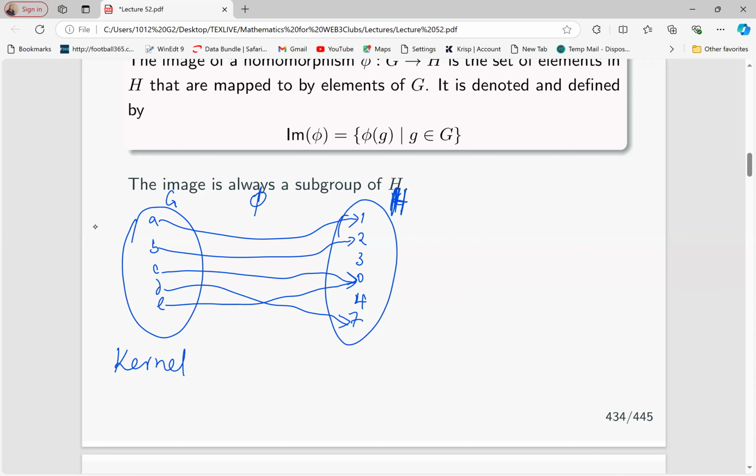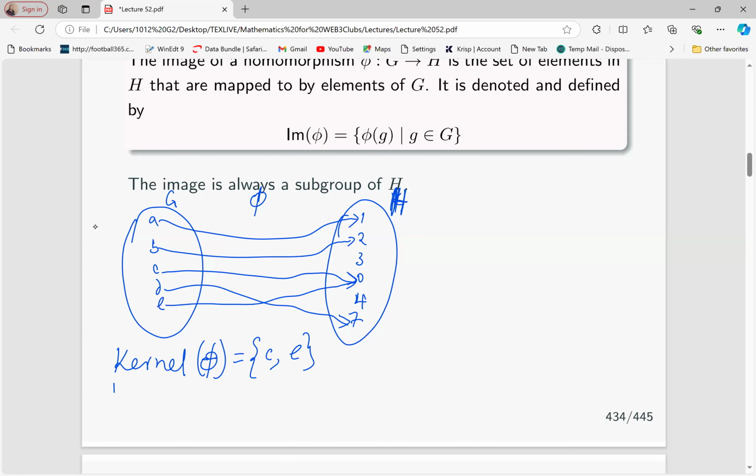The kernel of phi is the set of elements that map to the identity. I can see that one of the elements is C and the other element is E.